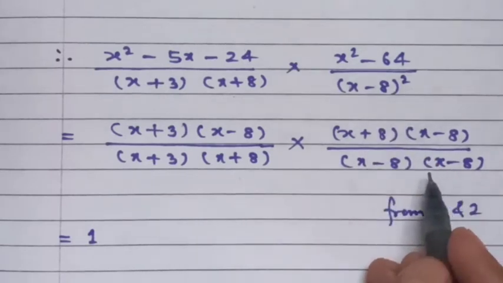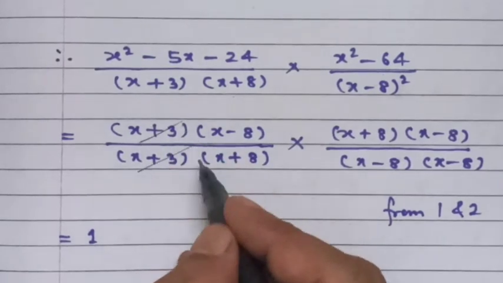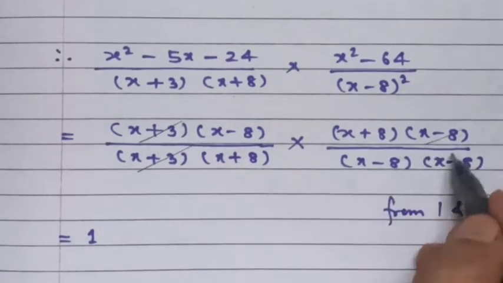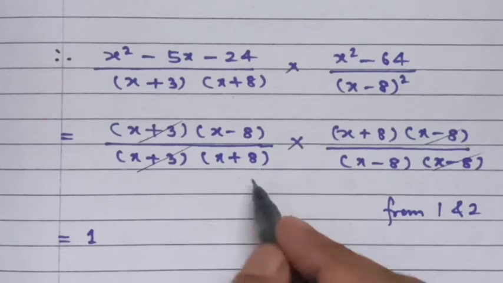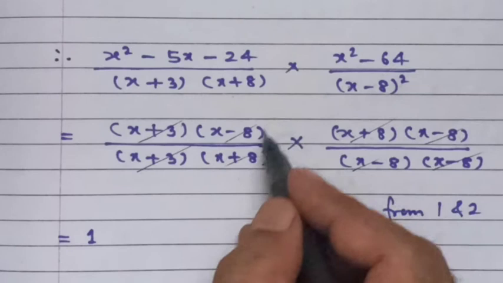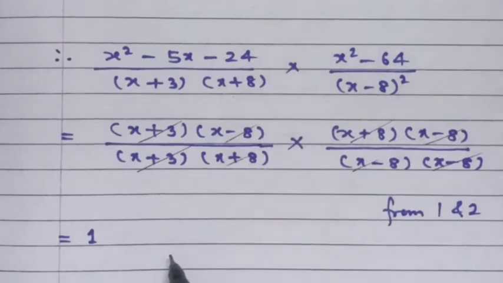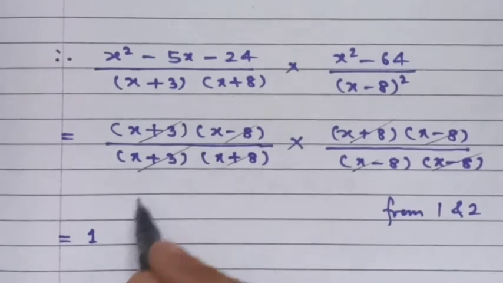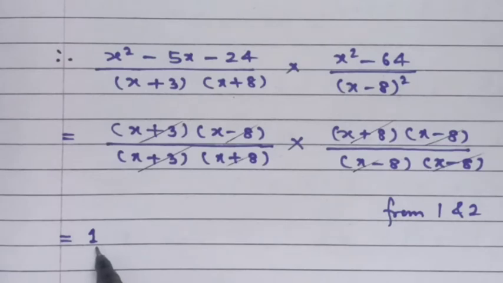Now try to cancel. Here x plus 3 gets cancelled with x plus 3, x minus 8 gets cancelled with x minus 8, x plus 8 gets cancelled with x plus 8, and this x minus 8 gets cancelled with x minus 8. Nothing remains, that means one time, so the answer is 1.